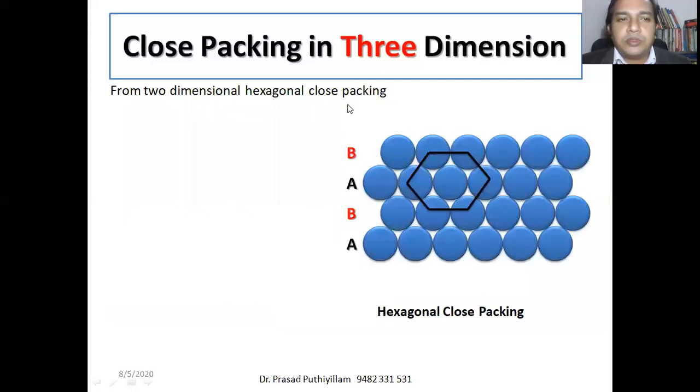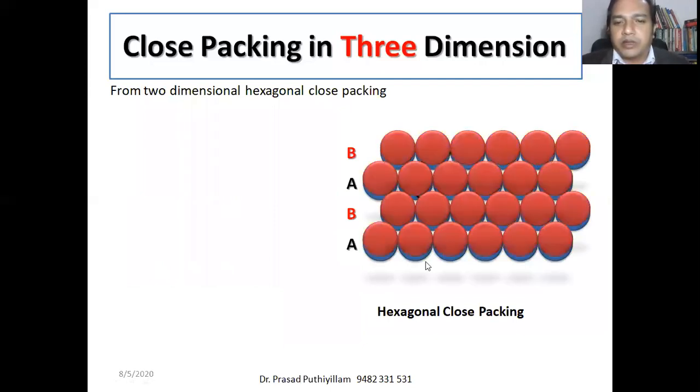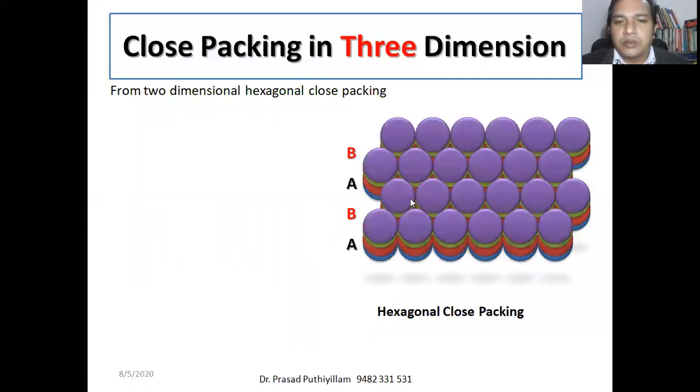From two-dimensional hexagonal close packing, this molecule, if you consider, if you kept one over the other, again one over the other, and if you observe the molecule from the top, you may see that I arranged AA type only here, kept exactly above one atom, or the third one again over the second atom, the fourth atom on the third atom.